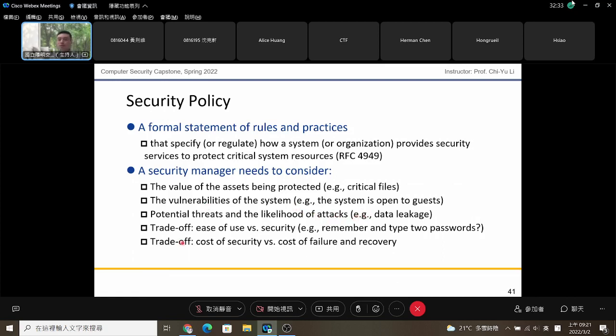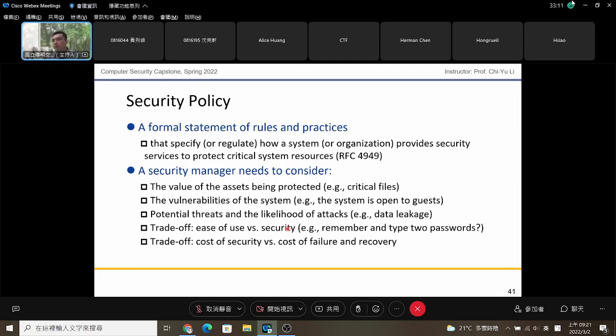And we also need to consider the trade-off: ease of use versus security. For example, if we set up two passwords, it may be difficult for people to remember two passwords. Maybe we try to set up the policy, for example, the password needs to have at least 15 digits, and it should be a combination of numbers, special characters and alphabet.